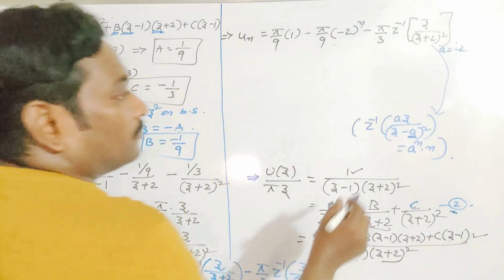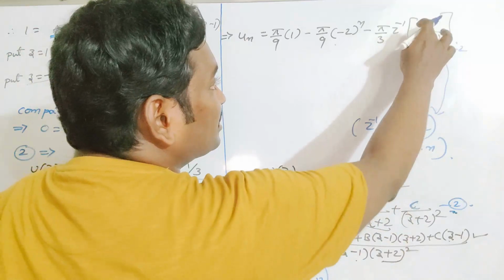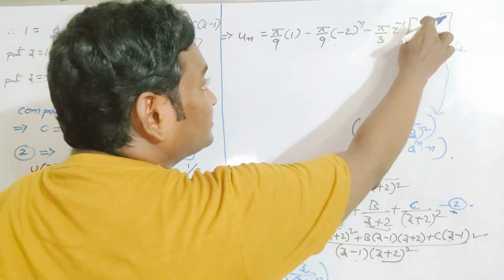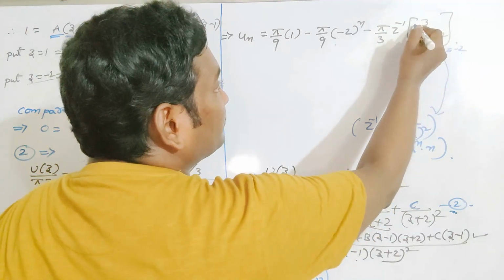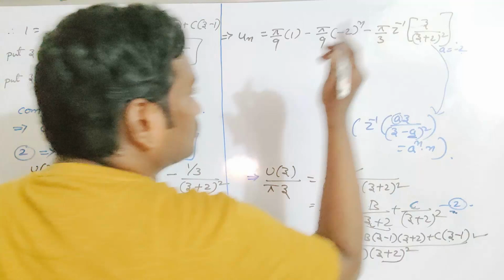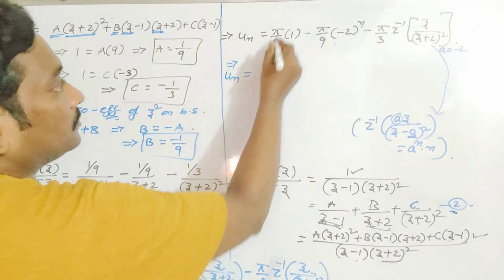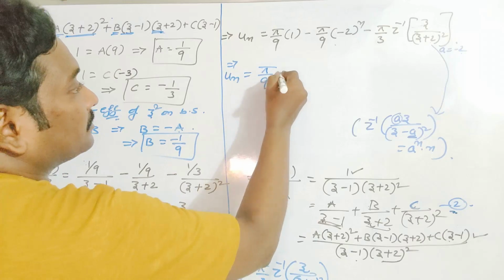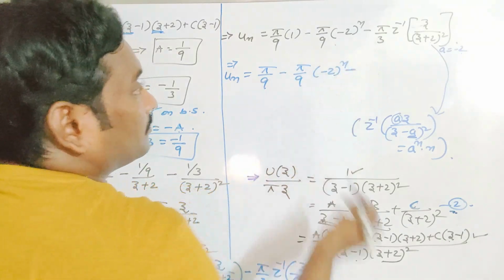So in the numerator, the coefficient of z should be a, but here a is minus 2, that's why I am multiplying by minus 2 here and dividing by minus 2. So the next step becomes u n is equal to pi by 9 into 1, pi by 9, minus pi by 9 into minus 2 whole power n.